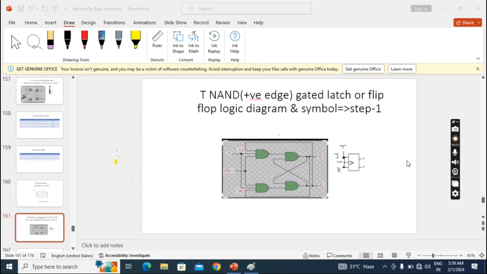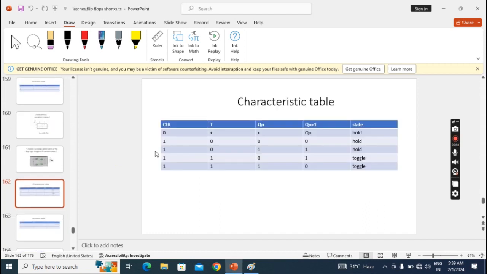In this lecture, we'll discuss the T flip flop with the NAND latch part, with the positive edge. Here you can see the triangle symbol compared to the latch, remaining everything same. Now this is the characteristic table. Now these clock levels are working with edges. In a latch, they work with levels.